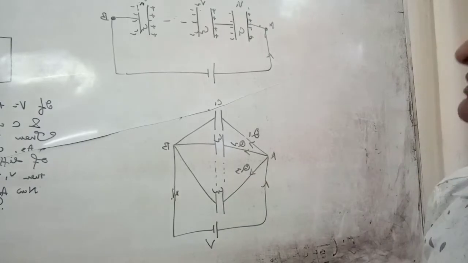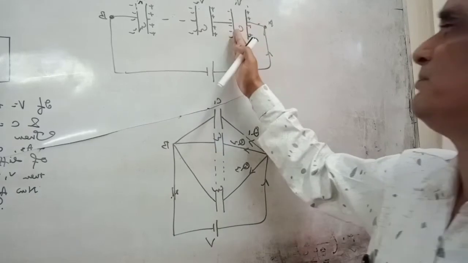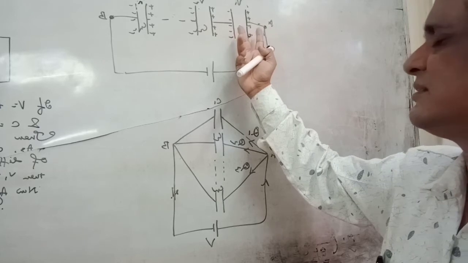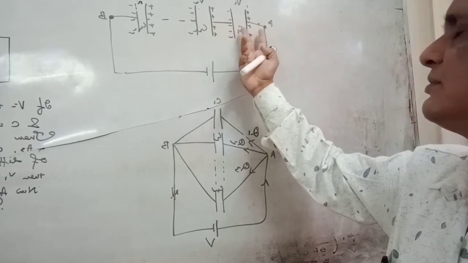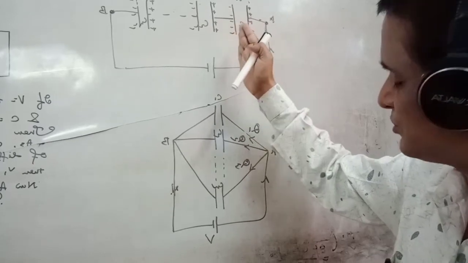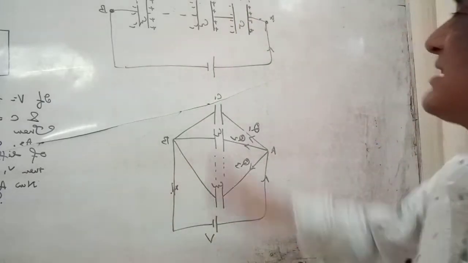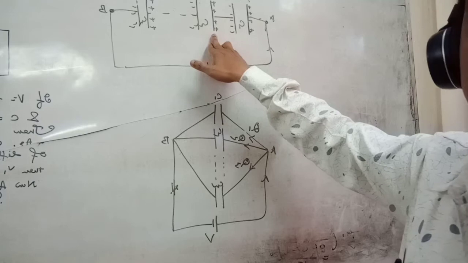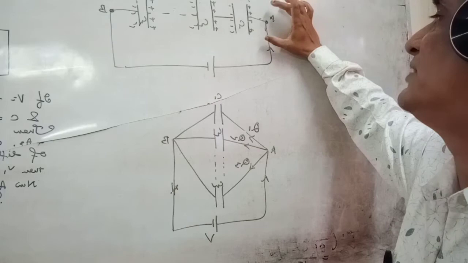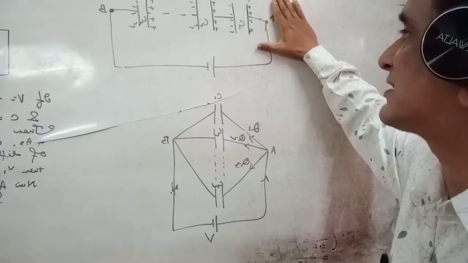So from there what we can say is, if the capacitors are connected in such a way that the negative plate of the first capacitor is connected with the positive plate of the second capacitor, and in this way the process continues, and here the charge remains constant, then you can say it is connected in series.